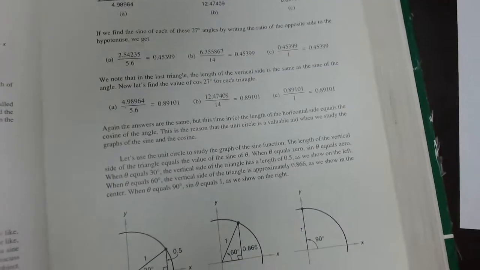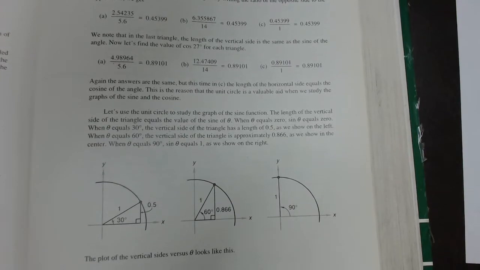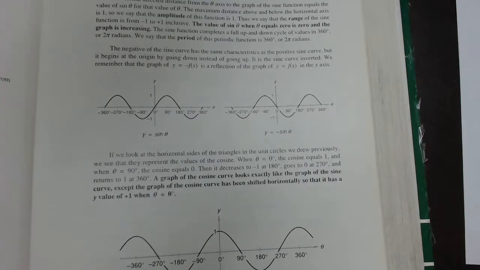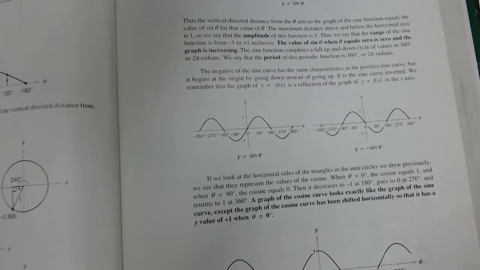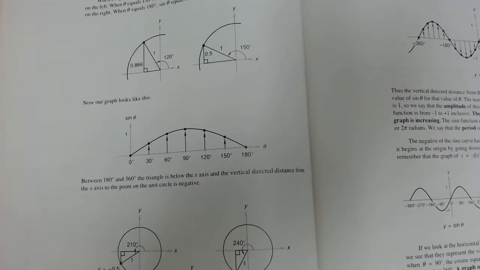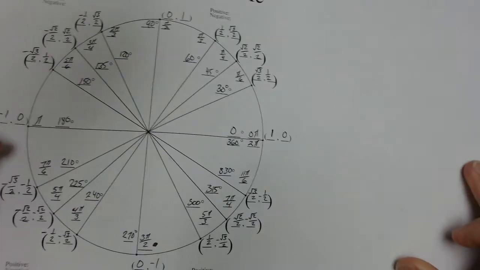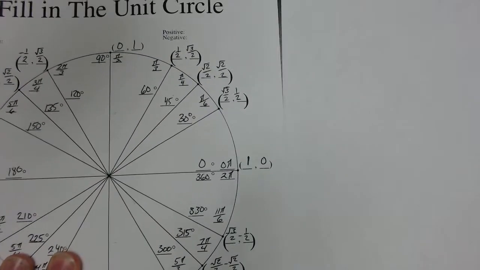Now let's get on to the graphs of cosine and sine. Okay, I'm just going to draw it. So I'll have my unit circle right here as a reference, and we'll start with the graph of sine.